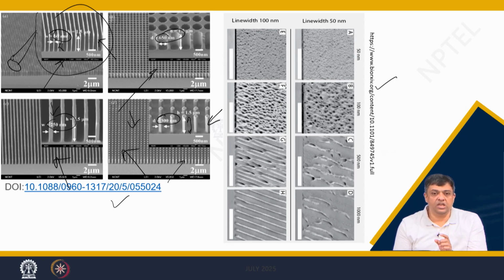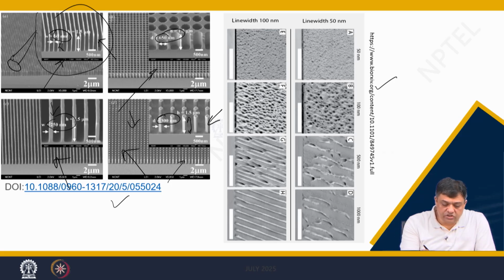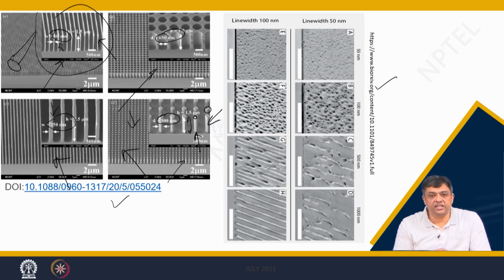So, whatever you see would be a property of a single pillar like structure here. If you have the capacity to pattern an electrode on one of them individually, then you can make circuits which are going to give you nano sized circuits. So, you can obtain such structures very easily nowadays.